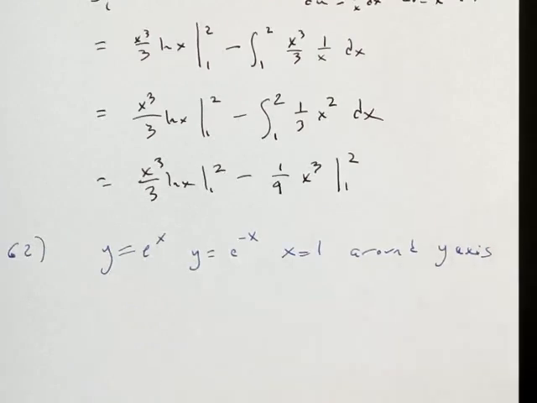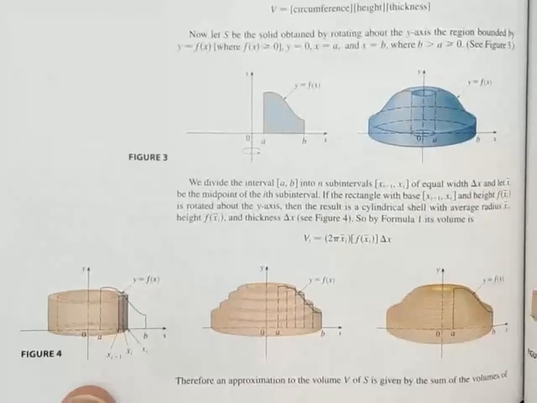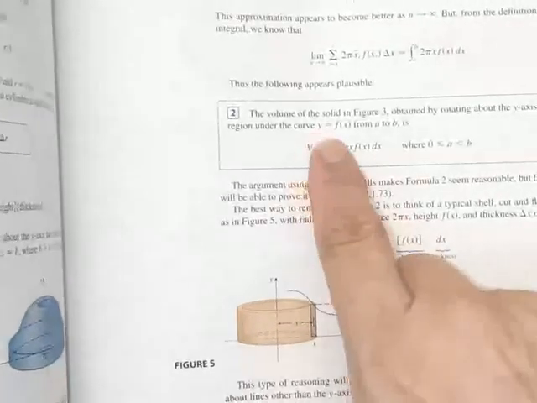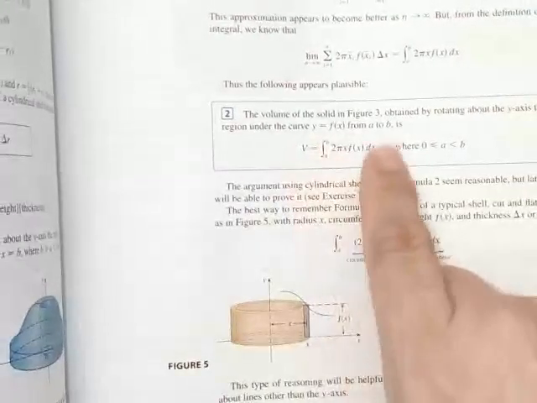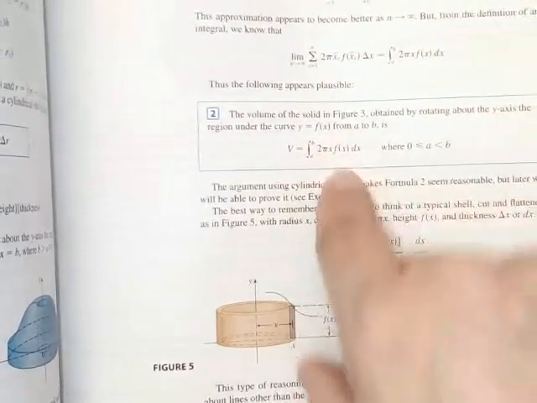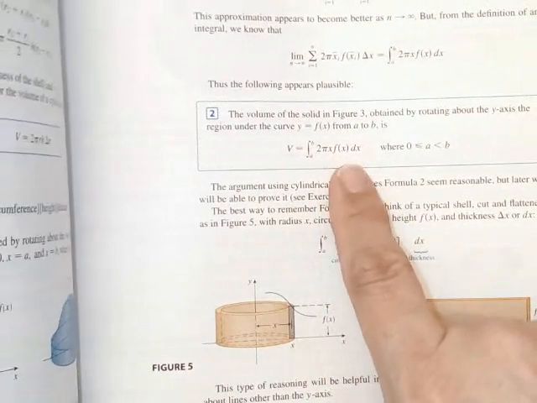This is page 450, and there's a formula on page 451 that says if I'm rotating the region under f of x, then this is my formula for revolution. So I'm going to bookmark that and I'm going to use it. Page 451.